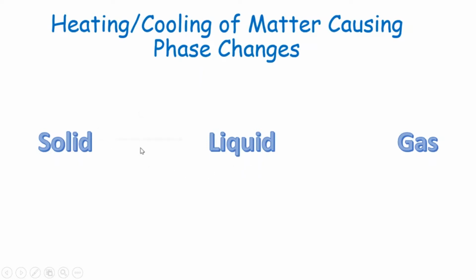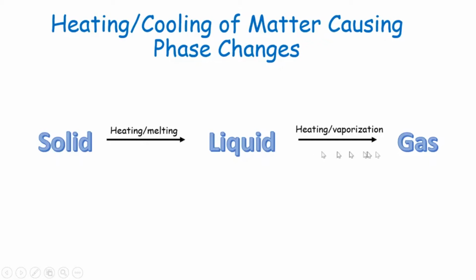For example, if we heat a solid so it becomes liquid, that phase change is called melting. If we apply heat to a liquid, it will turn to vapor or gas. That process is called vaporization.